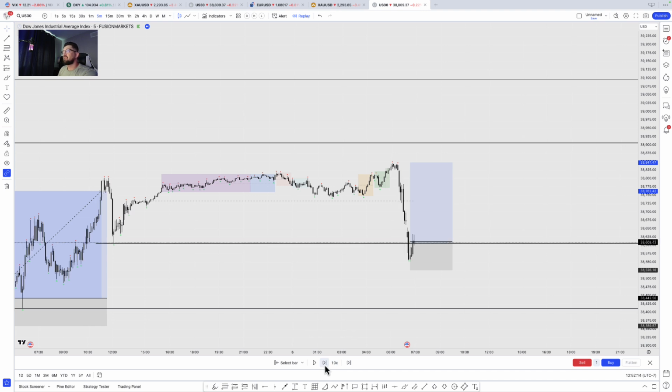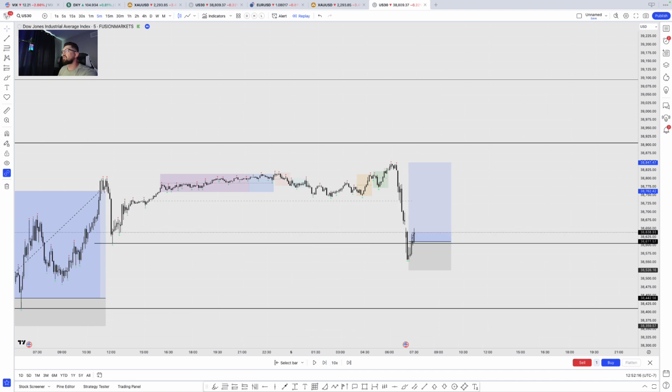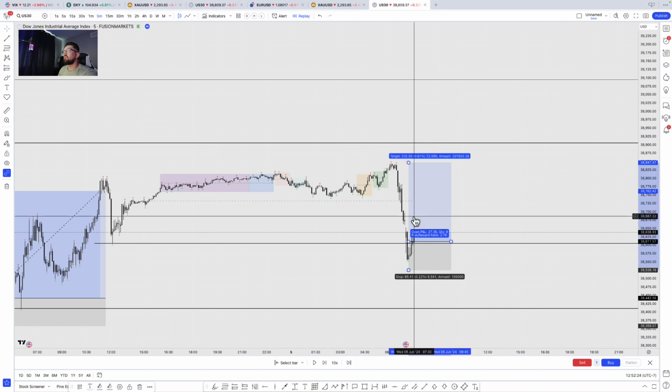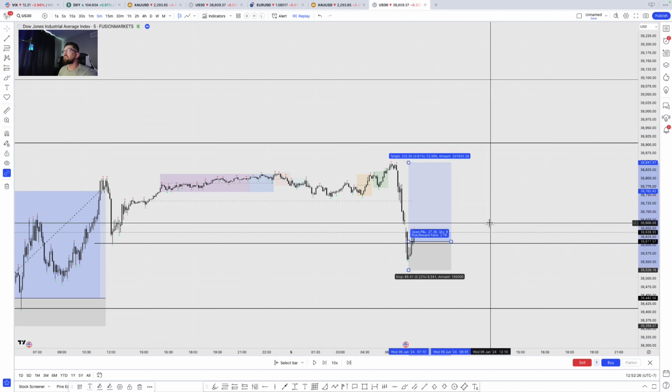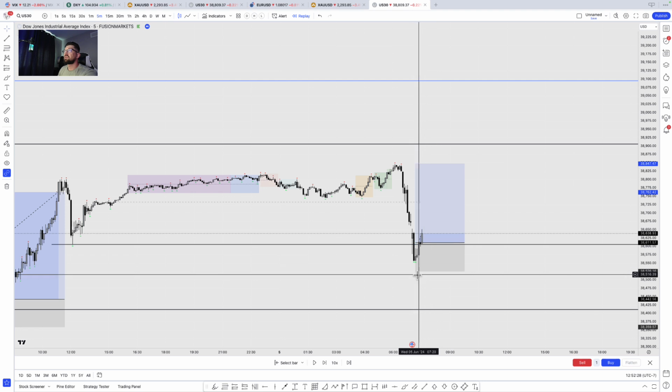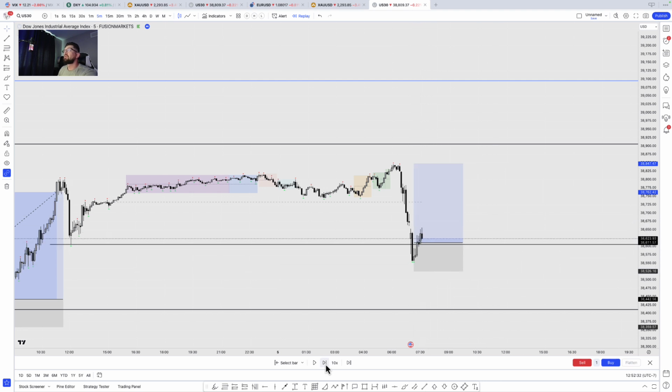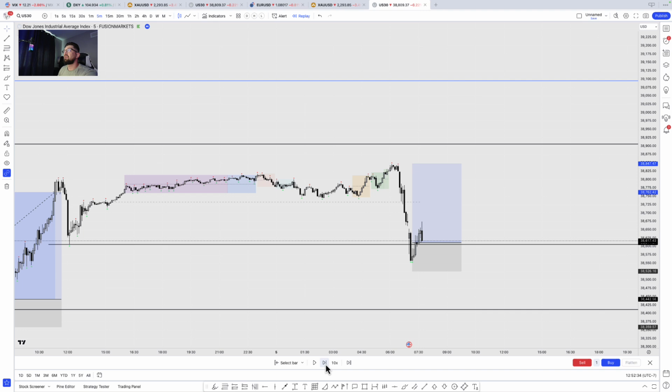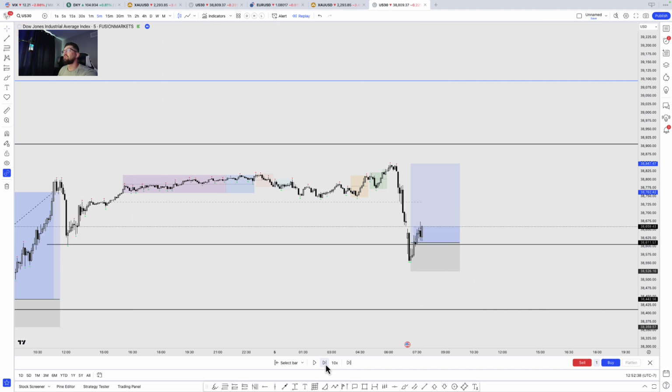There's my pullback. And ultimately, once we have this, I can look for another entry once I'm a little more certain. So that's my first pullback. So you can see the order flow establishing, another pullback, and ultimately you have another pullback.